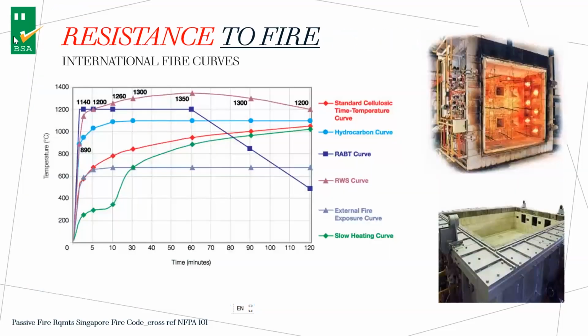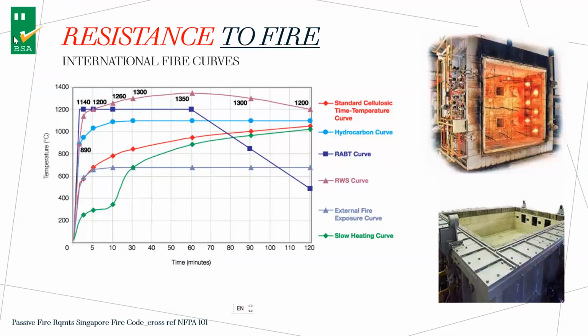So now we're talking about resistance to fire. Resistance to fire also has a standard of testing. We are talking about full-scale destructive tests subject to a fire temperature curve to represent what is being burned in the building. You see here various graphs.